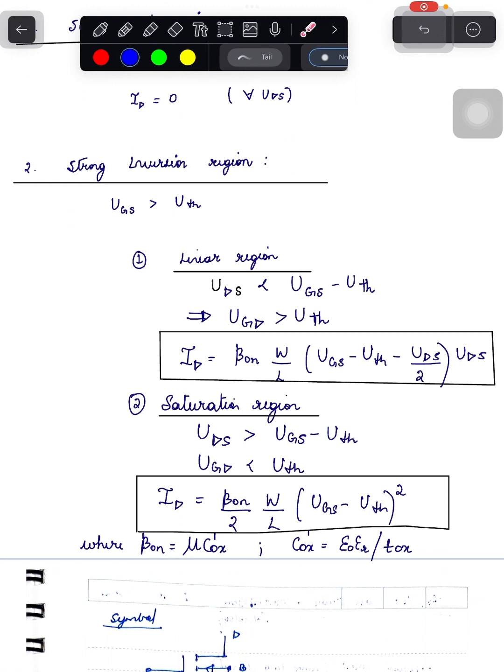In the saturation region, VDS is greater than VGS minus VTH, which implies VGD is lesser than the threshold voltage. ID is proportional to VGS minus VTH the whole square, and ID is not dependent on VDS. Beta naught n equals mobility times COX dash. COX dash equals epsilon naught epsilon r by TOX.